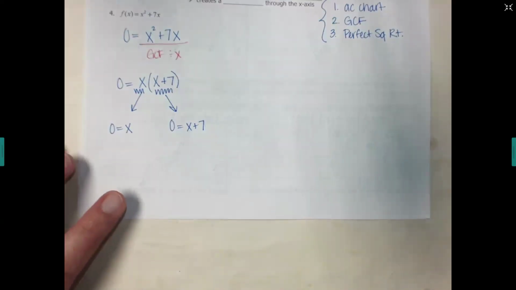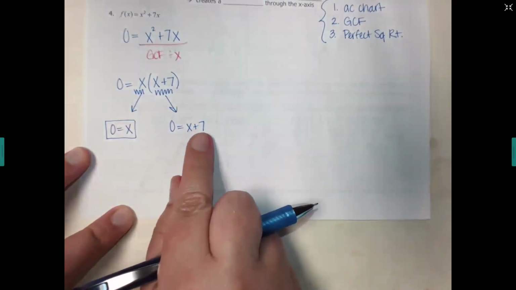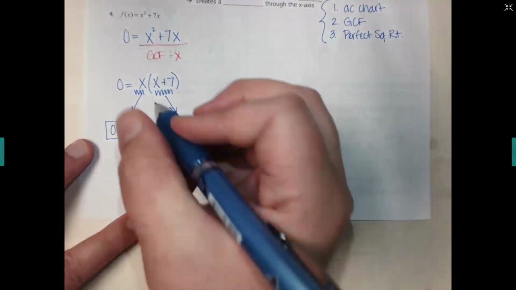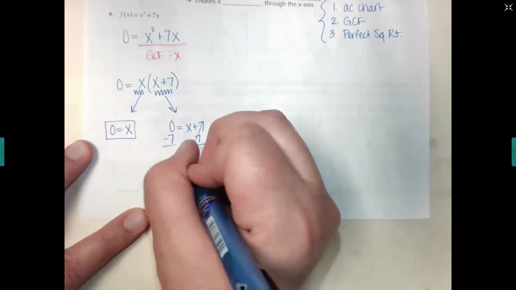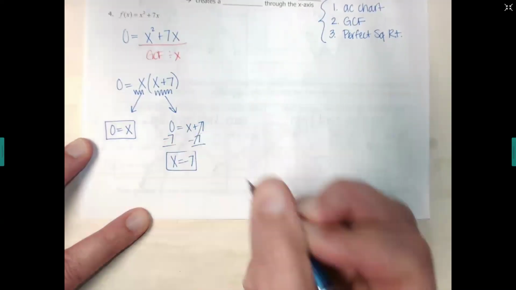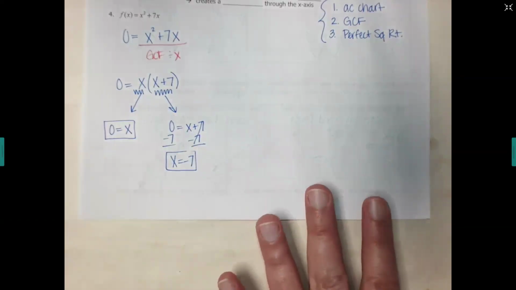Then solve both of those little equations. x equals 0 is done. How would I solve this one? Minus 7. Good, so 0 minus 7 is negative 7. The answers you just found are where this graph crosses the x-axis.